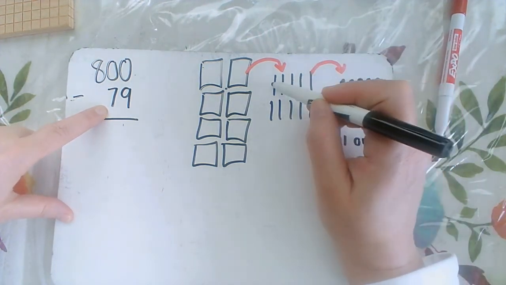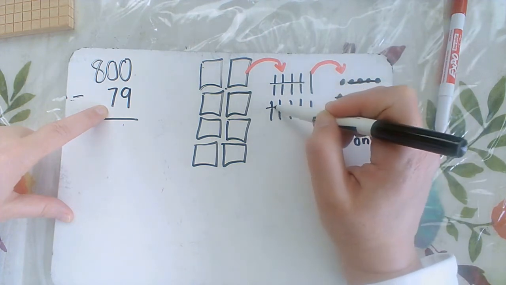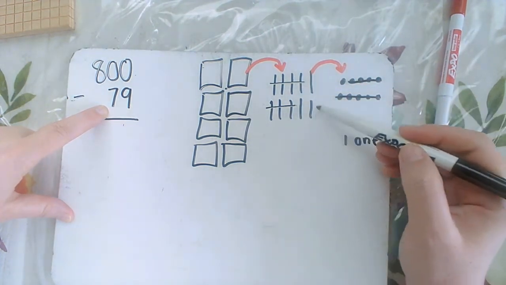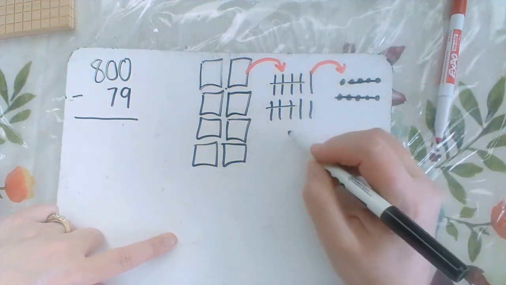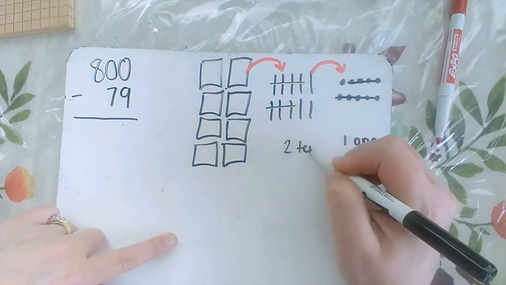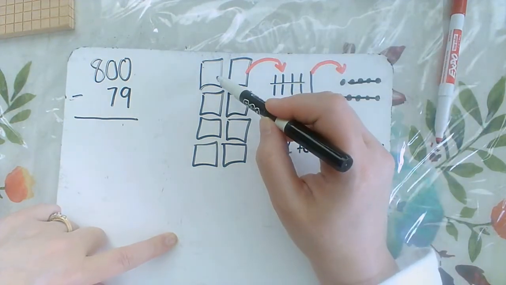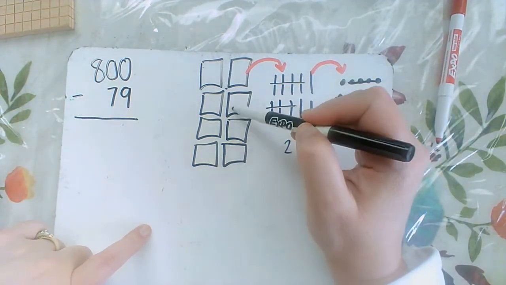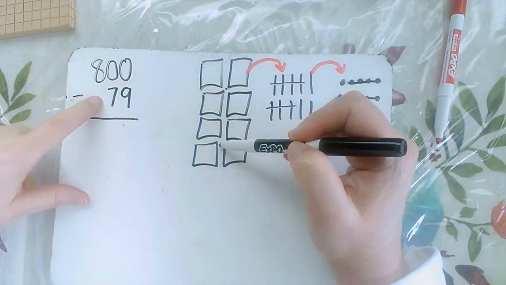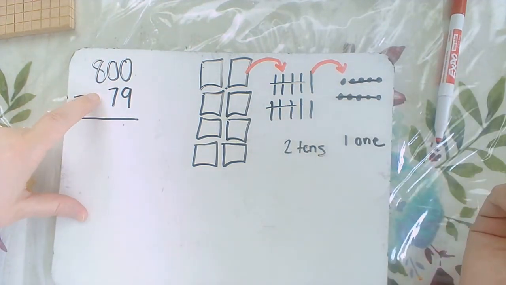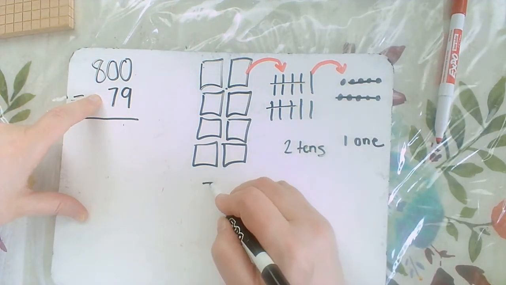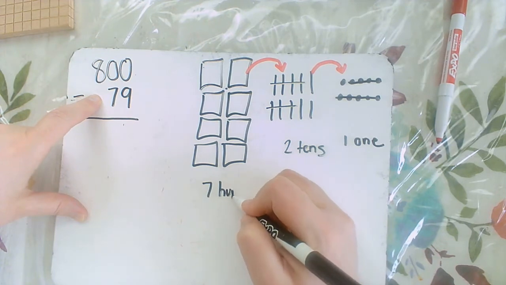So let's take away this 40, 50, 60, 70. And that's going to leave me with 2 tens. All right. And then I now have 700 left here, and I'm not taking any hundreds away. And so I'm left with 7 hundreds.